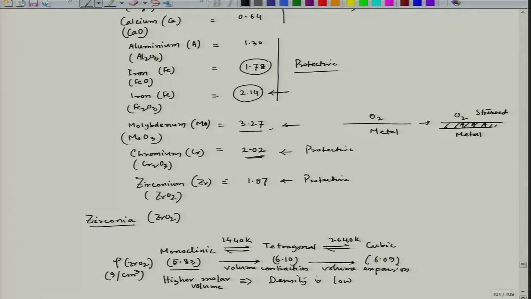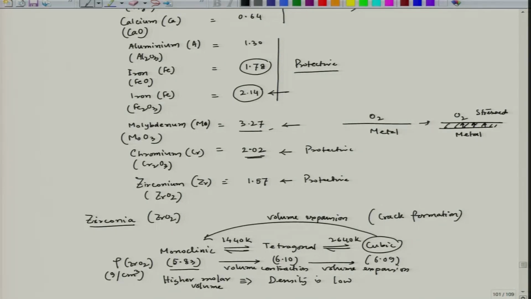We are using that zirconia in the form of tiles or something, as a high temperature heat resistant material, so there it will have a cubic structure, and once it is cooled from this to monoclinic, I will have volume expansion. And this volume expansion would lead to crack formation, and once the crack forms, then the oxide will try to break off.